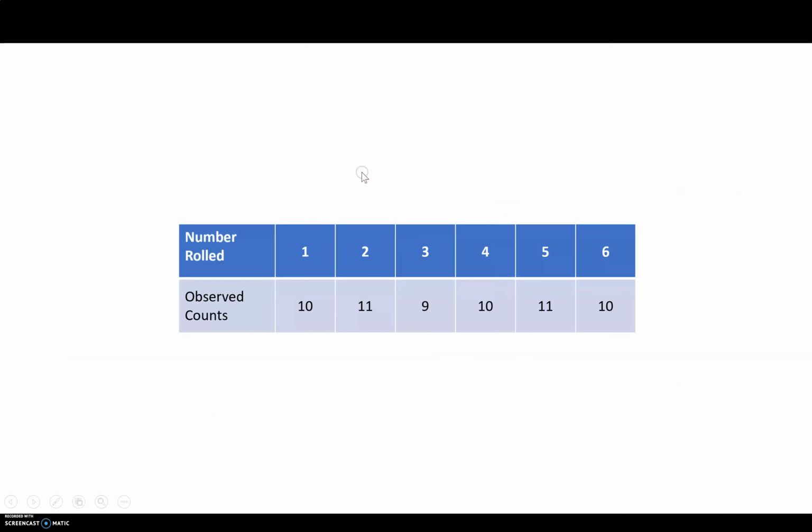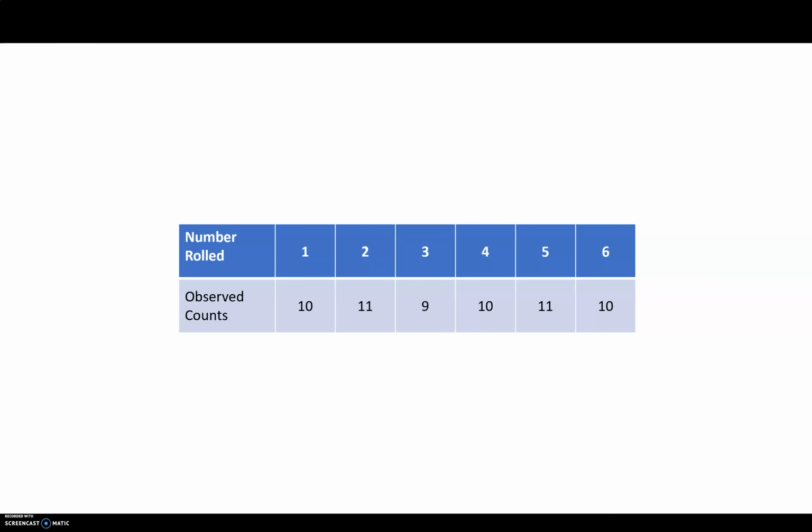Okay, so as I mentioned, you're not going to run these calculations, but I want you to get a feel for what it would look like if you had a significant versus a non-significant chi-square, large versus small. So let's say you have a die, and you're rolling it, and you want to know, is this a fair die or a loaded die?